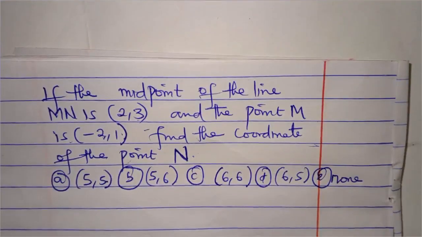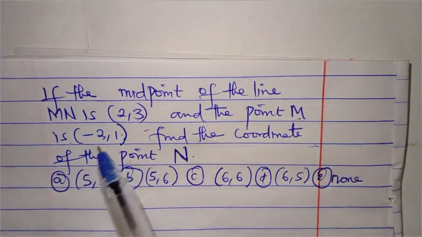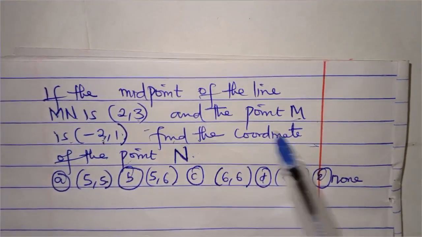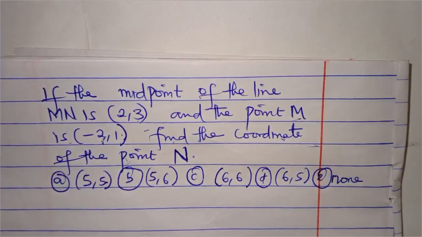If the midpoint of the line MN is this, and the point M has this coordinate, find the coordinate of the point N. The midpoint of the line MN is 2, 3.